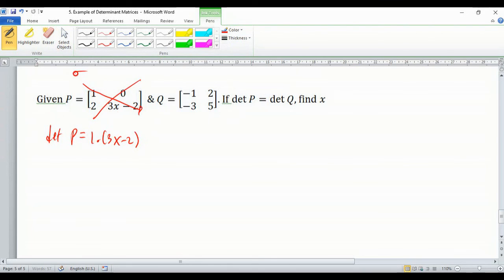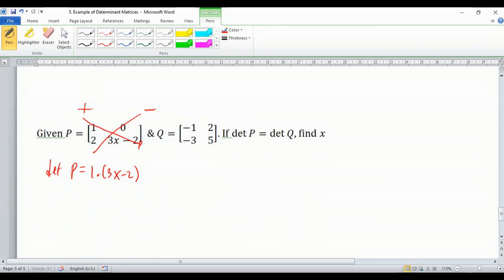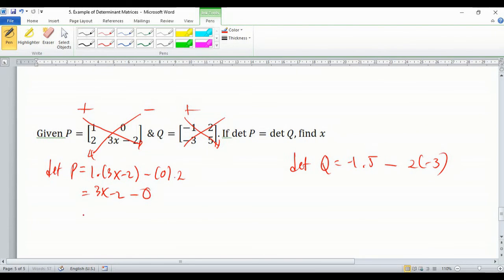This one is positive, this one positive, this one negative, 0 times 2. And for the determinant of T, this one is positive, minus 1 times 5 minus 2 times minus 3, right? So this one is 3x minus 2 minus 0, equal to 3x minus 2. And this one is minus 5 plus 6, equal to 1.